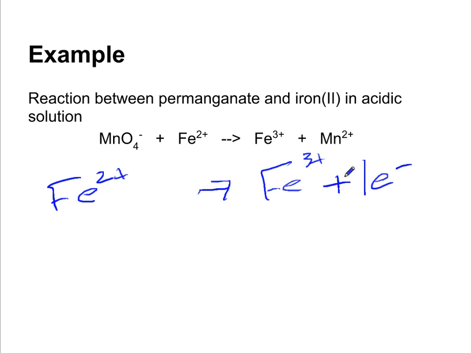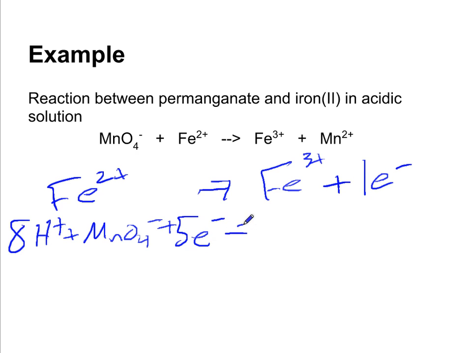Now we need to add the half reactions together. So I'm going to go ahead and copy down the reduction half reaction again. We had our 8 hydrogen ions plus the MnO4 minus plus our 5 electrons, and that yielded the manganese +2 ion and 4 water. We need to add these together so that the electrons cancel out.